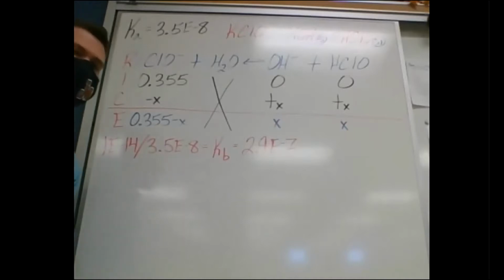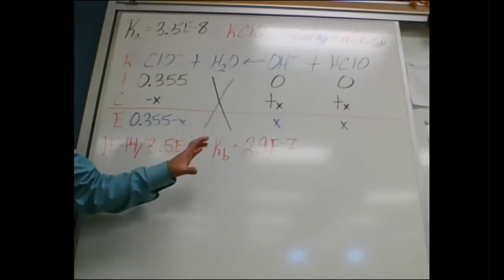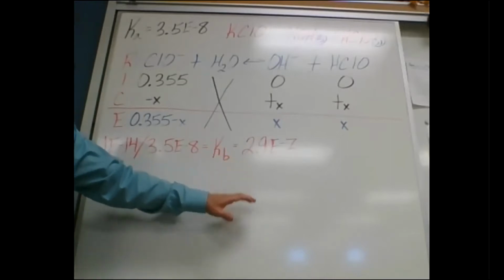We should go unsubstituted from here, but to save board space, I'm going to plug into the equilibrium equation of Kb equals products over reactants.